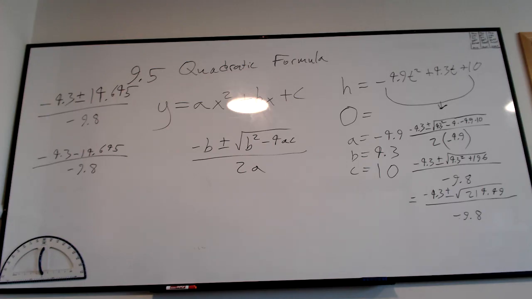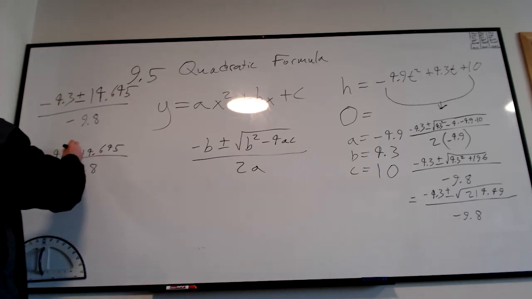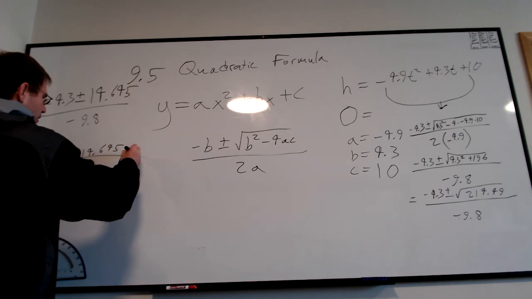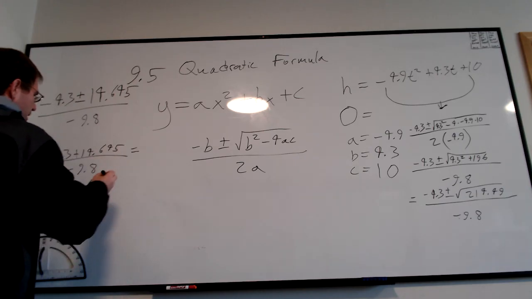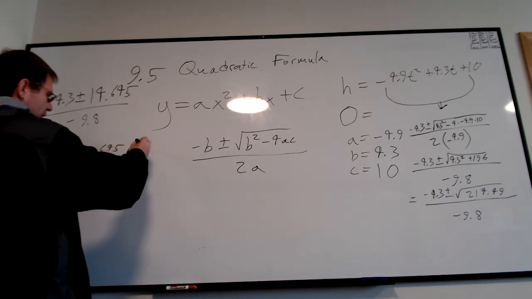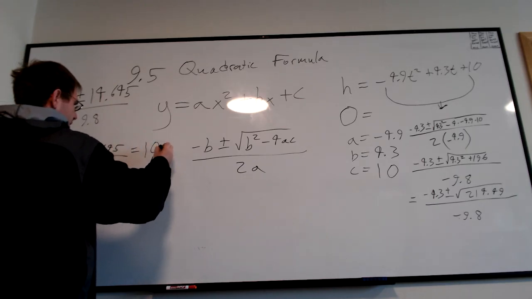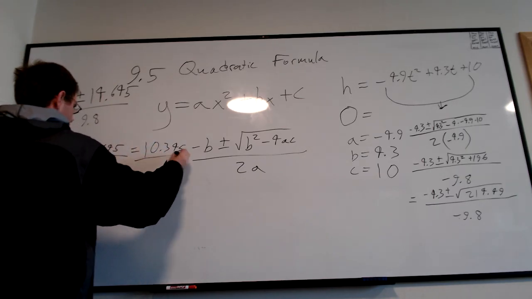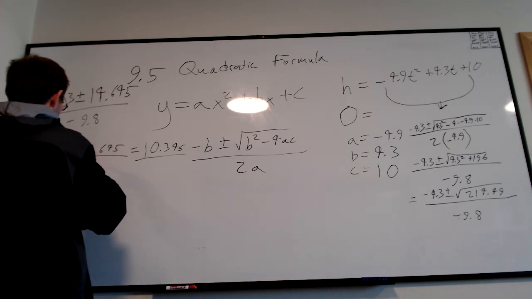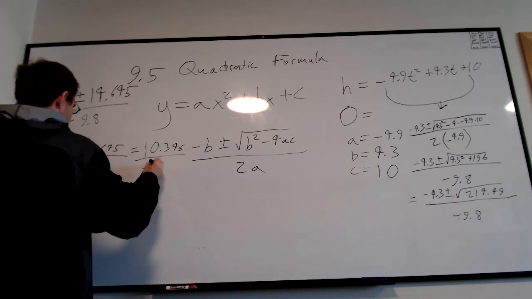The top value is going to be 10.345. No, I think you're doing plus 14.65. Yeah, that's what I'm doing first. Okay, so the top part you said was 10.345, over negative 9.8.